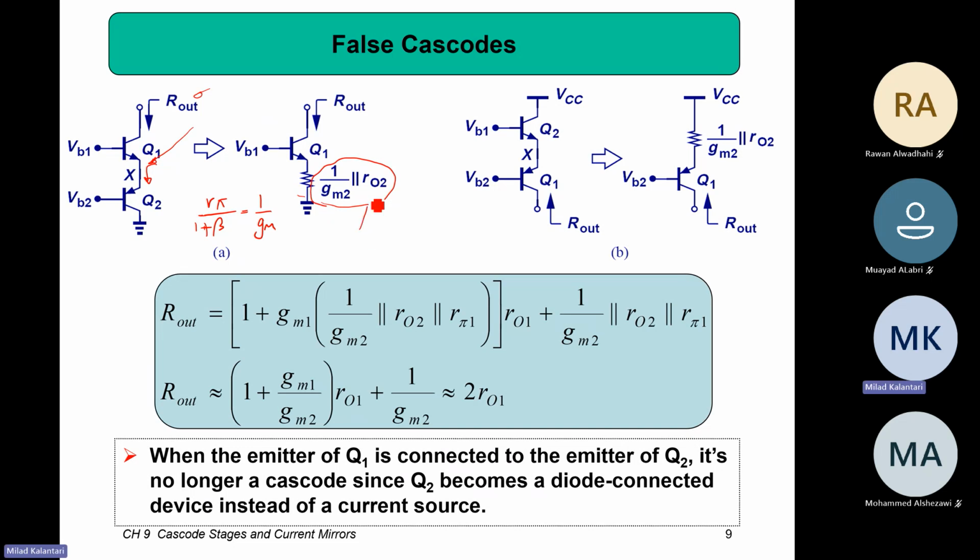We can actually ignore the RO2, right? The RO2 was from here, it is too big. This is too small, this is too big, right? And then you can calculate the R out for this, once the impedance at the emitter is 1 over GM2. If you calculate it, you will see that, with estimation, it will not be larger than 2RO1.